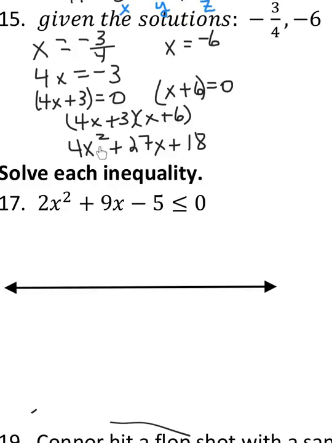And I go ahead and graph that and make sure that these actually cross the x-axis at these points at -3/4 and -6. And as long as that's good, then my equation is correct. If not, then I need to go back to see if I made a mistake somewhere and fix it.